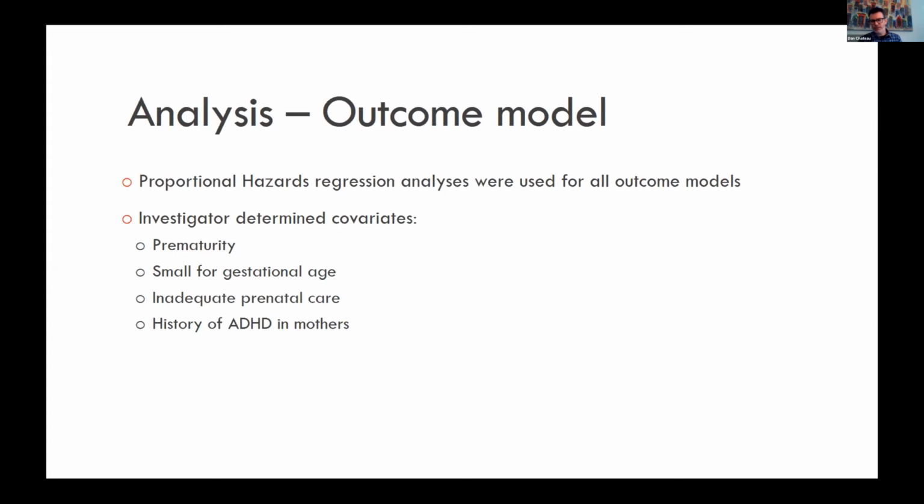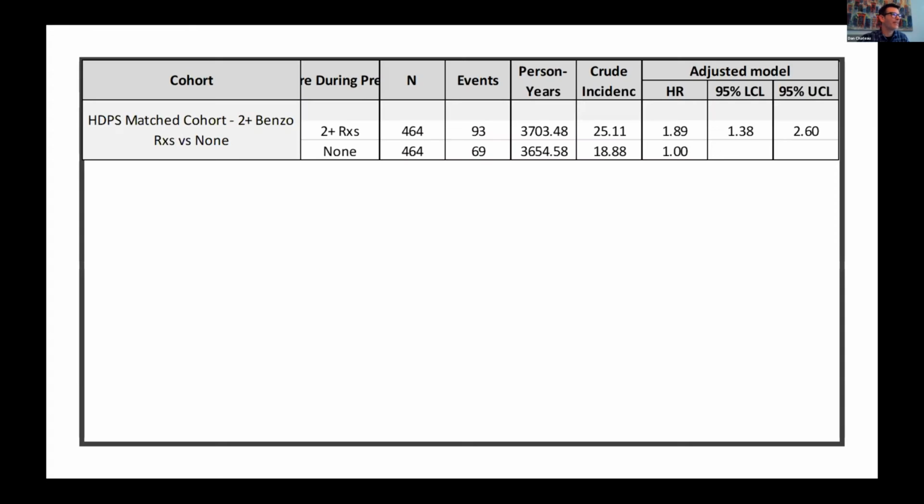These couldn't be part of the propensity score because that propensity score was built on the 1 year prior to conception. So these are more birth outcomes. Now they could be a path along the way to the outcome, so it could be that we're over adjusting, but nonetheless we put them in. So premature, small for gestational age, the inadequate prenatal care, and then importantly, the history of ADHD in the mothers. I'm trying to move it along here to make sure that we finish.